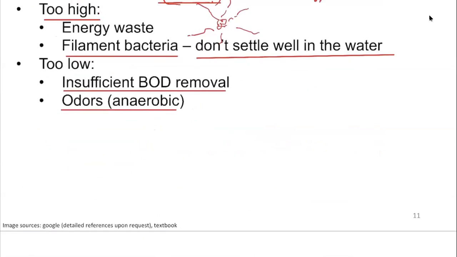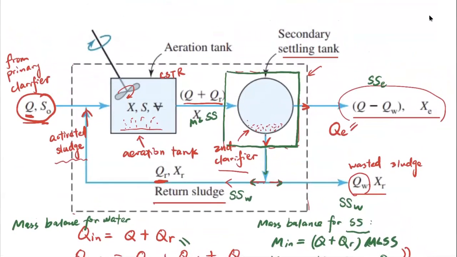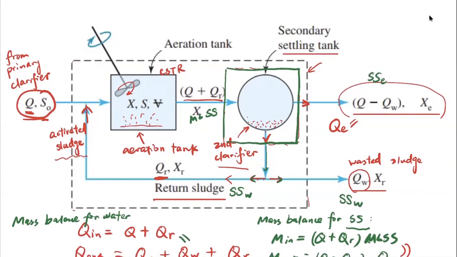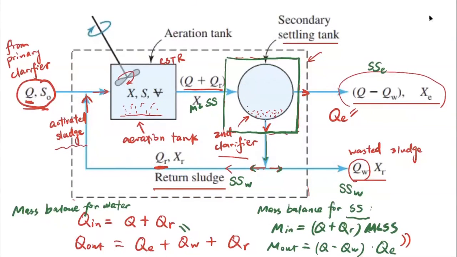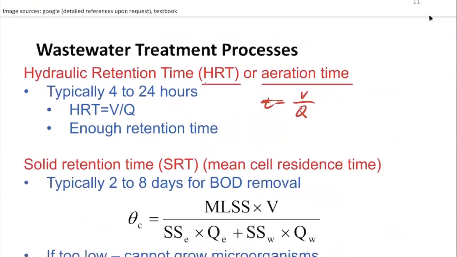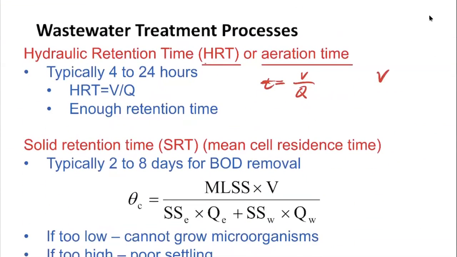So if you look back on this system here, it's just the volume of the aeration tank divided by the flow rate that's going into this aeration tank. That's going to be Q plus QR, okay? So basically, it's the volume divided by Q plus QR. Basically the influent from the primary clarifier and the return sludge flow rate.